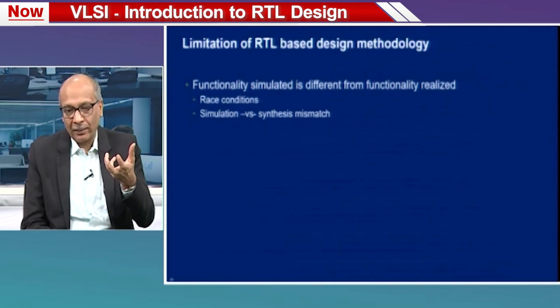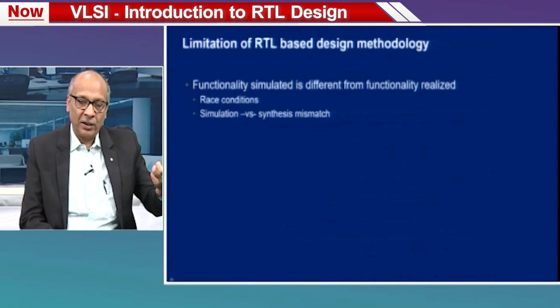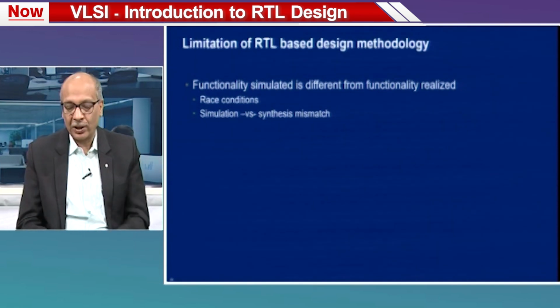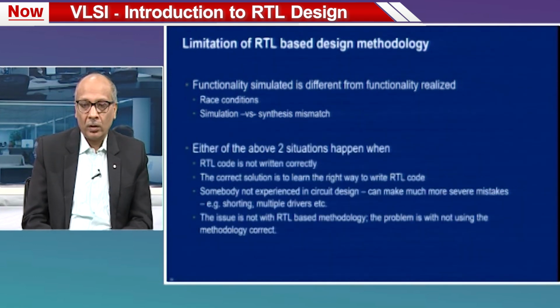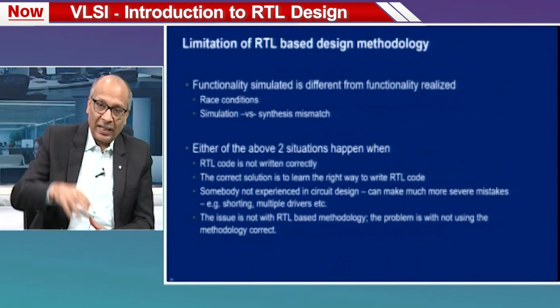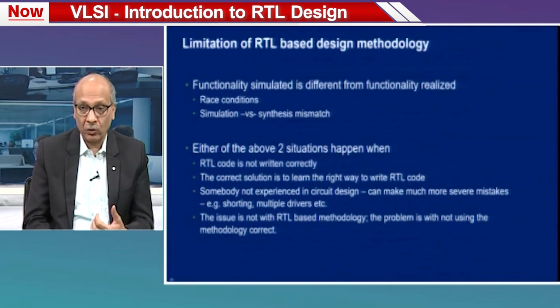And it could also happen by something called simulation versus synthesis mismatch. Something was simulating one way and the synthesis results are different. This kind of problem can happen because the RTL code was not written correctly.